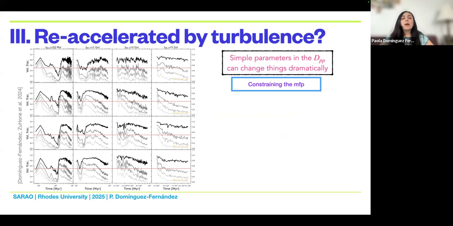I'm going to show you with blue shaded regions the periods at which I consider that this particular mechanism will be efficient, given a certain assumption about the mean free path of the particles. And I call the mechanism efficient if it is accelerating at least 50% of the material.